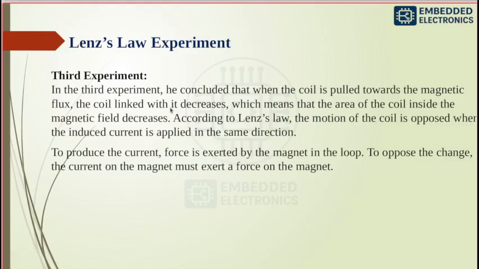According to Lenz's law, the motion of the coil is opposed by the induced current. To produce the current, force is exerted by the magnet on the loop. To oppose the change, the current must exert a force on the magnet.